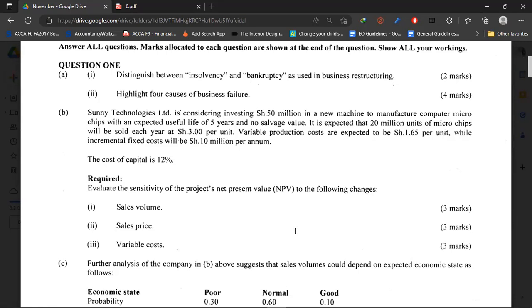The cost of capital is 12% required. Evaluate the sensitivity of the project's net present value to the following changes. 1, sales volume. 2, sales price. 3, variable costs. Then further analysis of the company in B above suggests that sales volume could depend on expected economic state as follows.